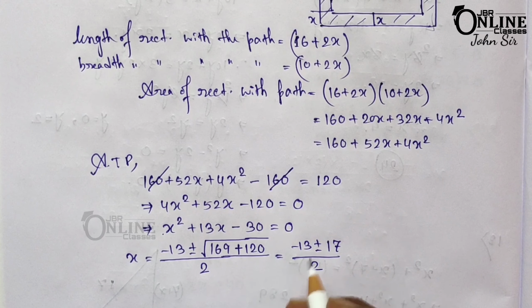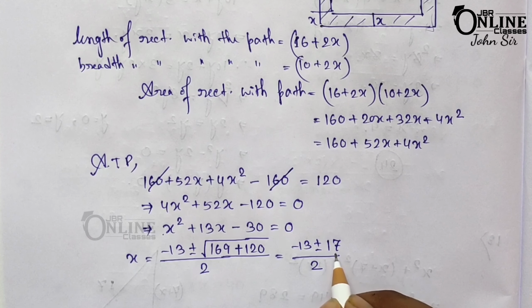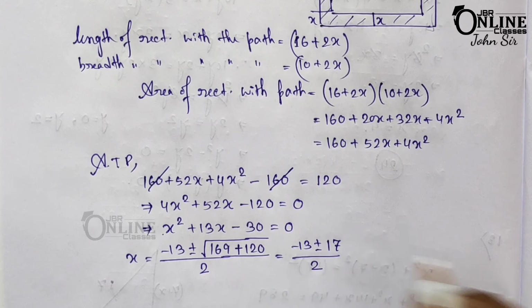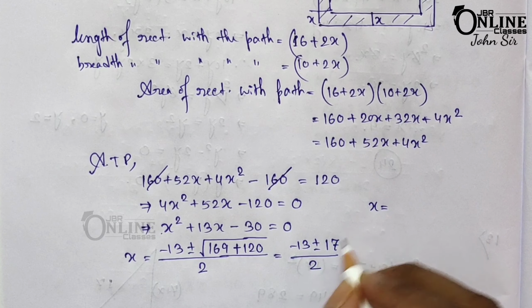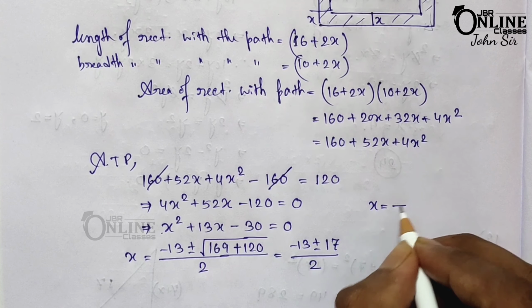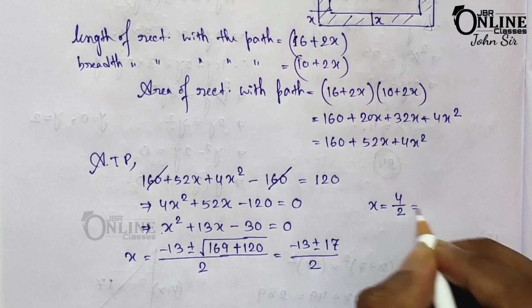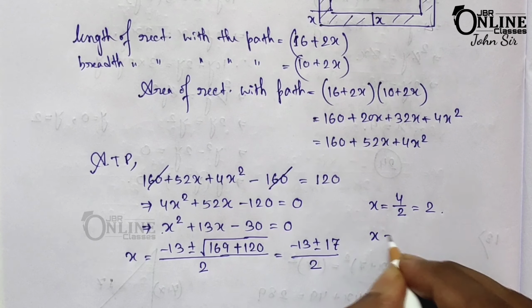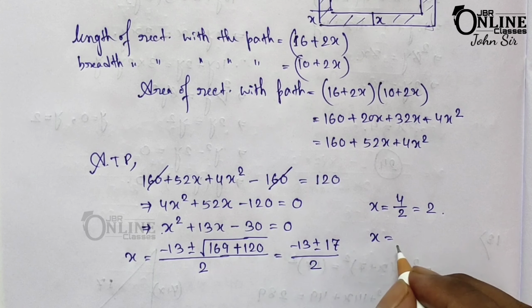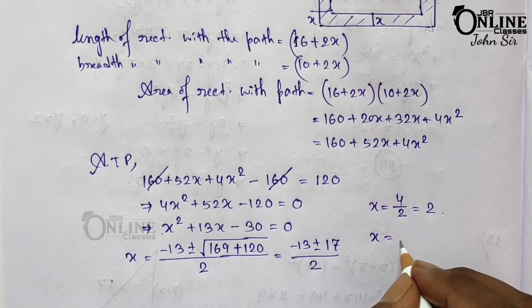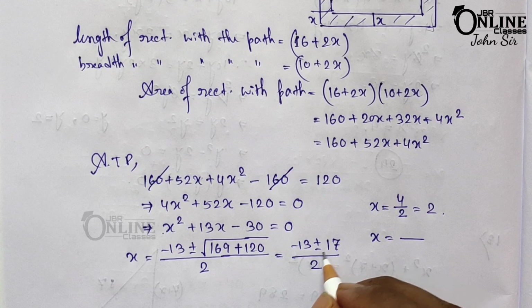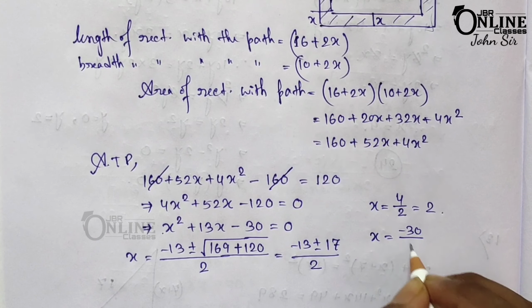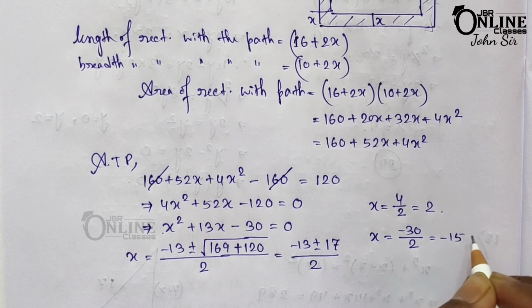So if we take 17 in positive, then x equals minus 13 plus 17, that means 4 by 2, so that equals 2. And if we take 17 in negative, then it equals minus 17 minus 13, that means minus 30 by 2, that equals minus 15.